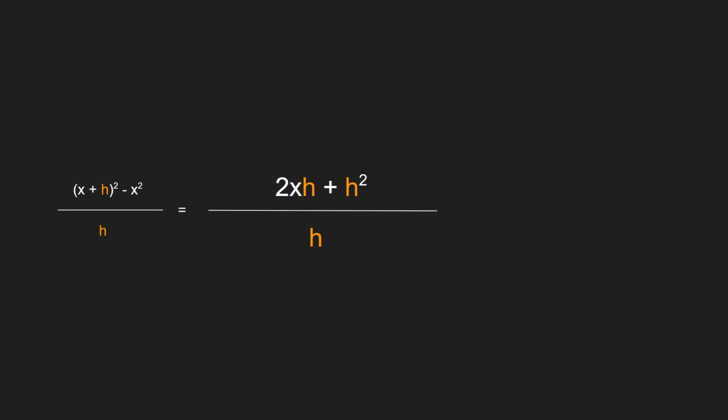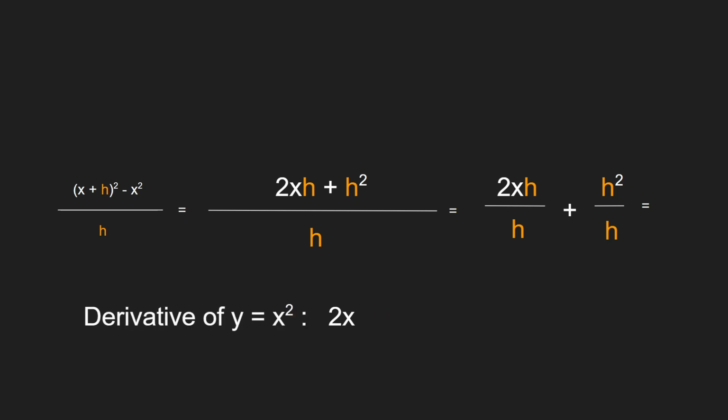All the terms in the top part have an h, so if we divide each term by the h from the bottom, remembering our division rules, we can get the entire expression from the big monstrosity from the beginning to just 2x plus h. Now, as we keep decreasing h, not all the way to 0, but close enough, this last h pretty much vanishes, leaving us with 2x. 2x is the derivative of y equals x squared.